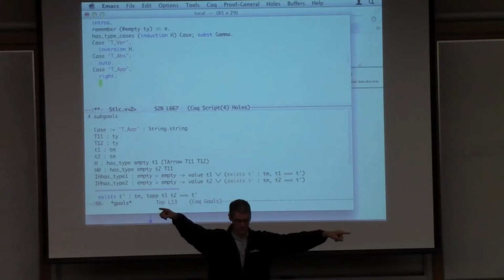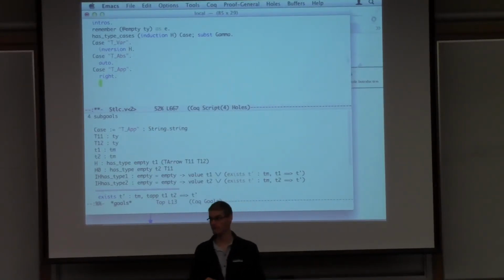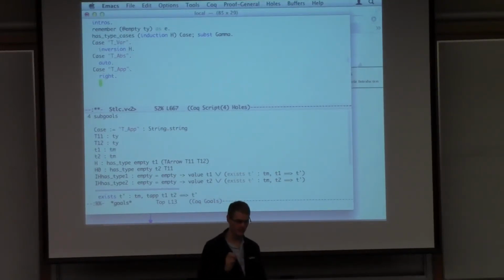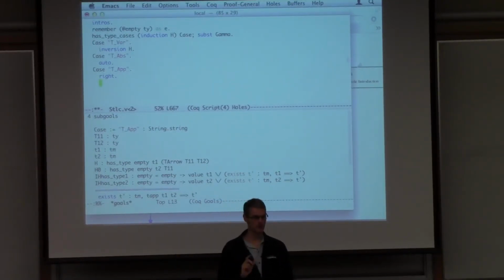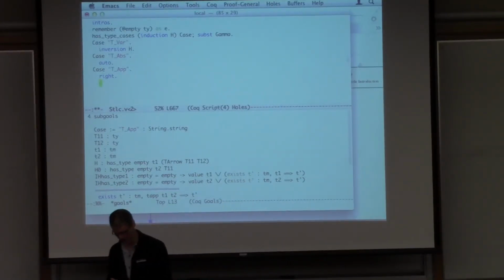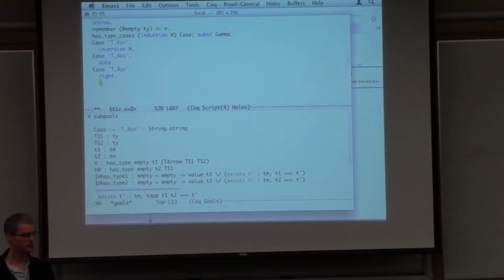So I heard destruct and inversion, and both of them are correct. The exact difference between destruct and inversion is a little bit subtle, and I have started many discussions with Coq experts to try to get a really crisp explanation of when destruct is appropriate and when inversion is appropriate.